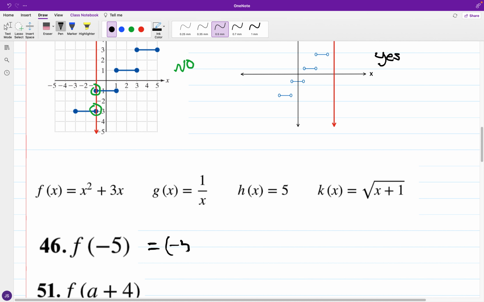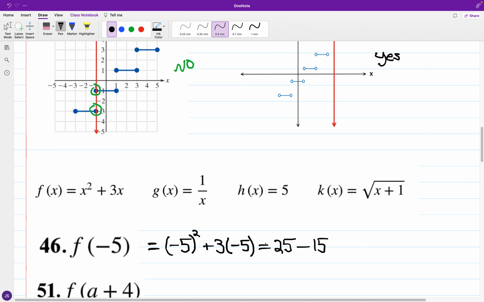that's going to be equal to the square of -5 plus 3 times -5. The square of -5 will be positive 25, and we have 3 times -5, that will be -15.